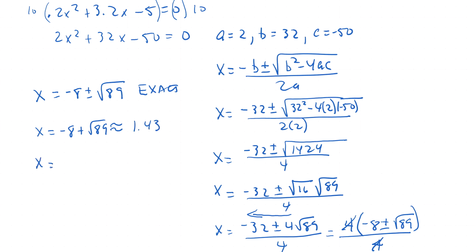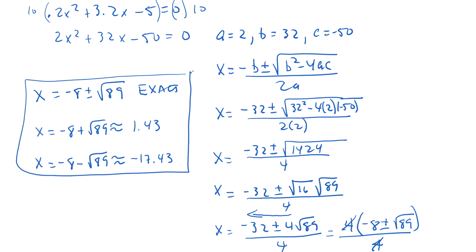And then x equals negative 8 minus the square root of 89, and that is roughly negative 8 minus 9.43, which is negative 17.43. And so these are our answers. I just showed you the exact answer so you know how to get it, and there you go.